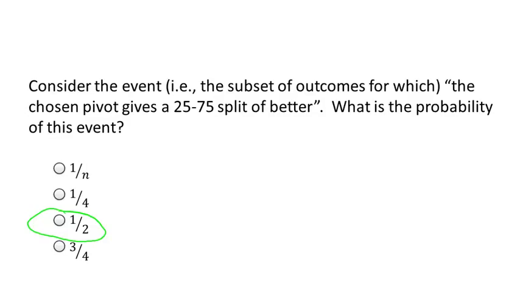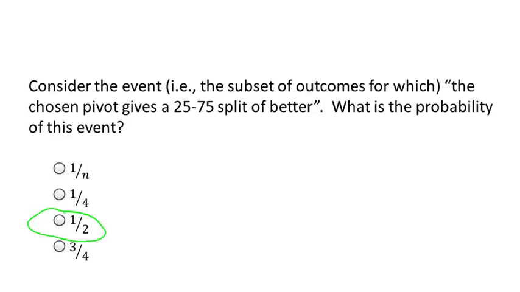Well, if we choose an element that's 26 or bigger in value, then the left subproblem will have at least 25 elements, the numbers 1 through 25. And if we choose an element that's at most 75, then the right subarray is going to have at least 25 elements, namely the numbers 76 to 100. So anything between 26 and 75 inclusive is going to give us a 25-75 split.